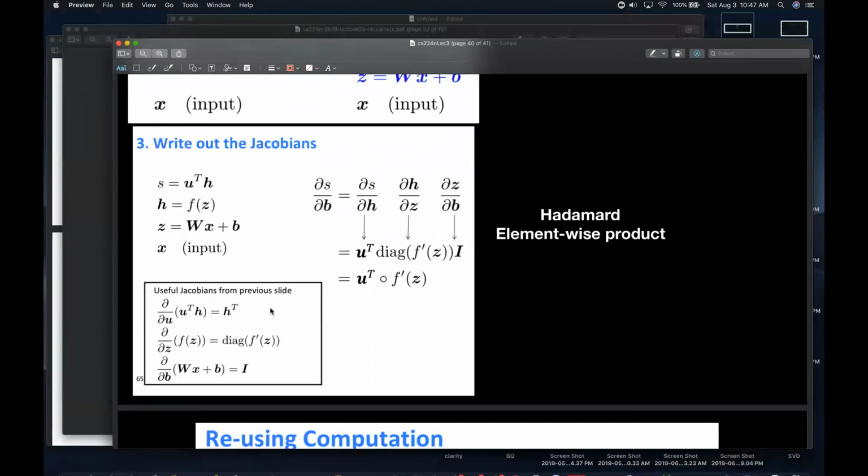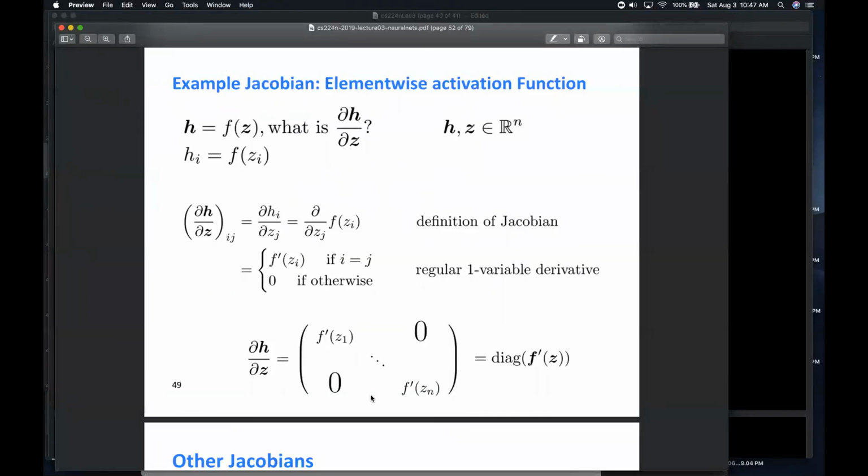So let's take this to be ReLU. ReLU is basically nothing but max of 0, x. If you want to take the differential of that, let's first split the ReLU into two parts. You can write ReLU as: if x is greater than 0, your output is going to be x, and if x is less than 0, your output is going to be 0.